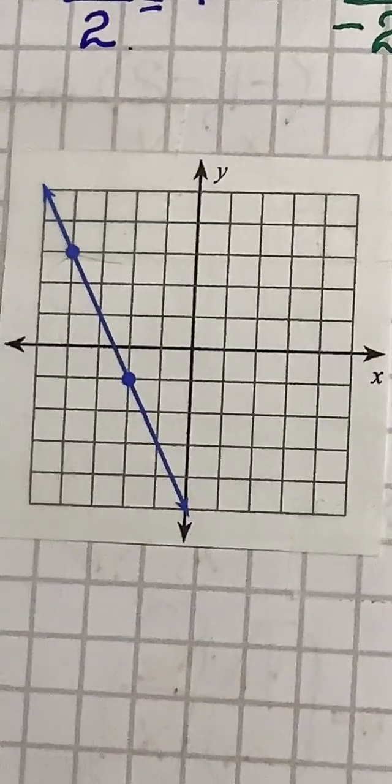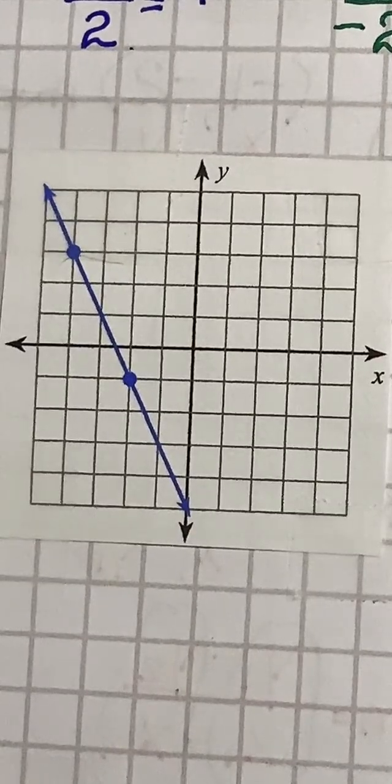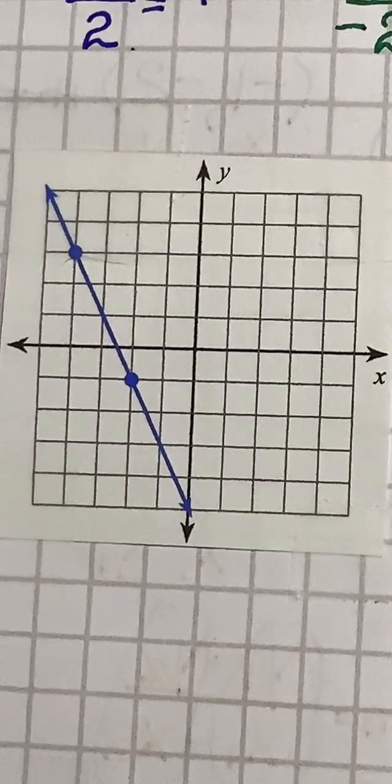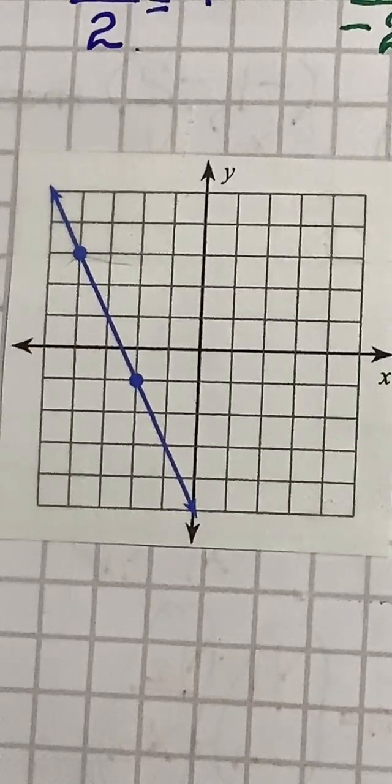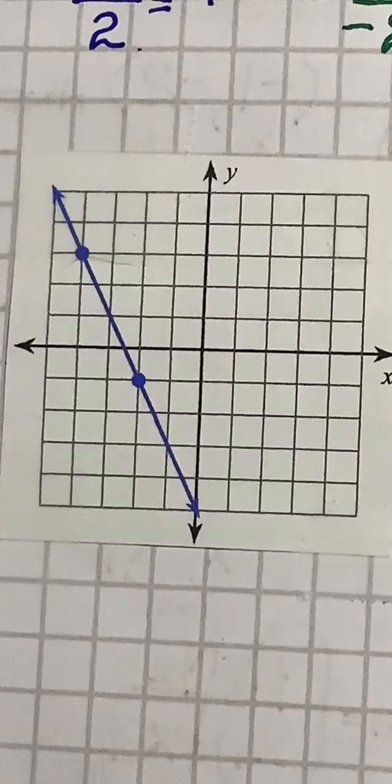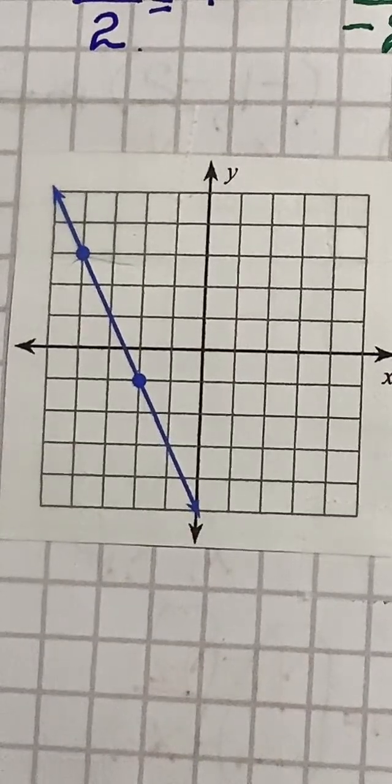Could it be reduced? Okay. How are you? Okay. Don't forget your negative. There you go. Good. It's been a minute.